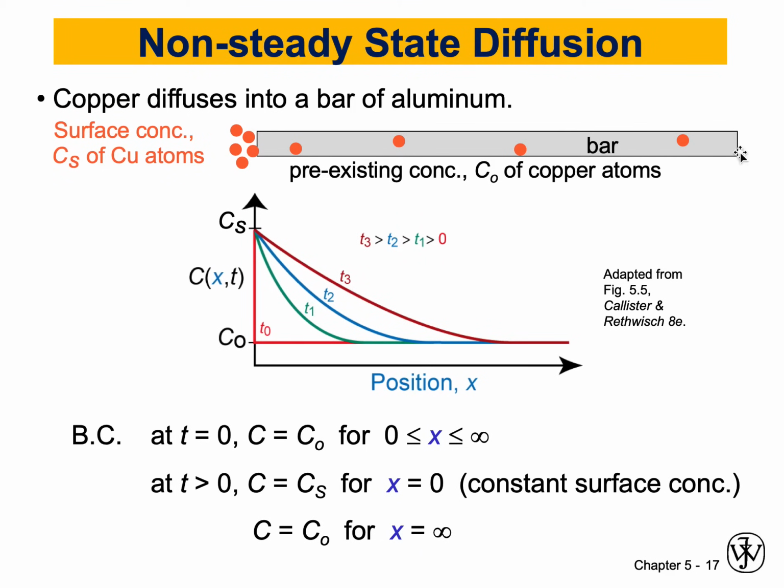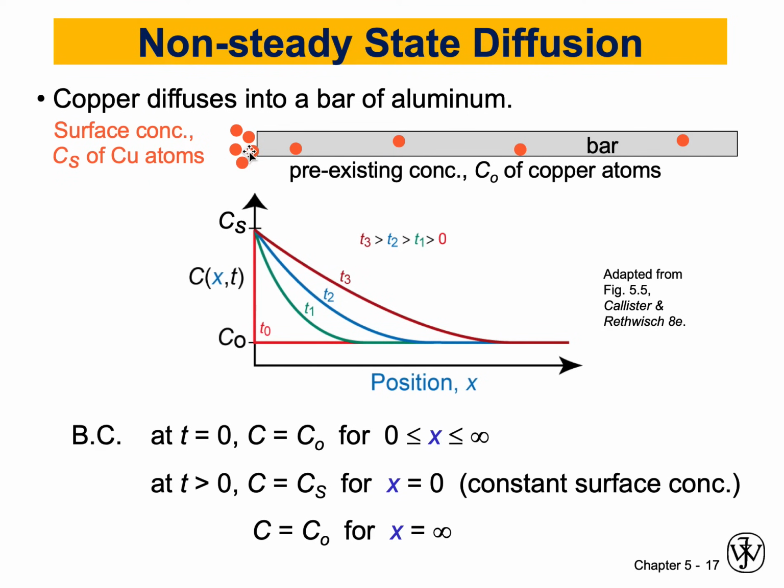From here to here, I have a concentration of copper of C0. So inside the bar, I have a concentration of C0. Outside the bar, on this side at x equals 0, I have a concentration of copper equal to CS, which is the concentration at the surface.